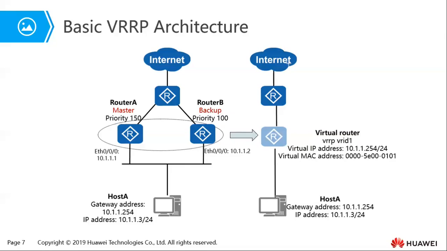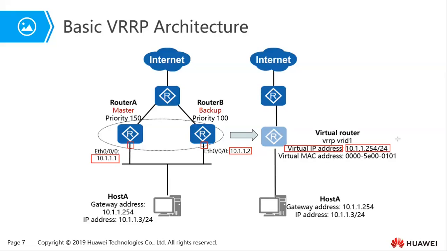Now, the other important thing is what we're calling the virtual IP address. Even though we will configure individual IP addresses here, for example, we've configured 10.1.1.1 here and 10.1.1.2 here, when the routers are virtualized, they're going to use a single virtual IP address.